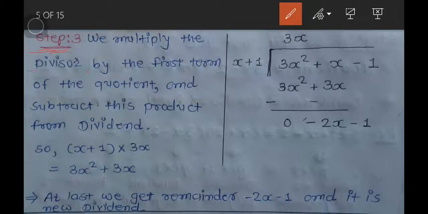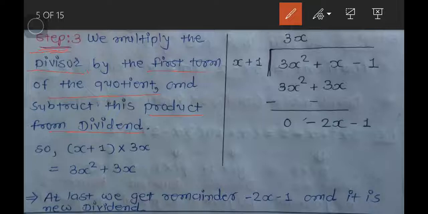What is our divisor? x plus 1, that is g of x. So we multiply the divisor by the first term of our quotient, that is 3x. After that we subtract this product from our dividend. What is our dividend? p of x, that is 3x square plus x minus 1.